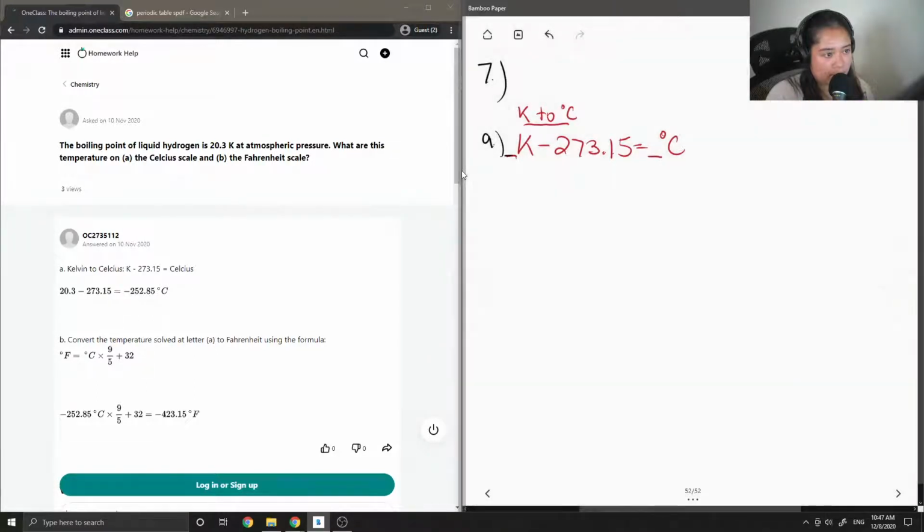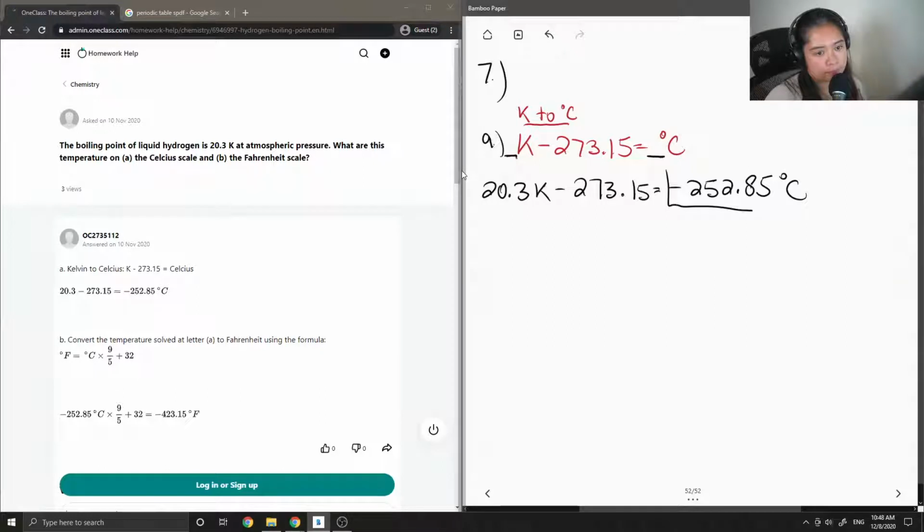This underscore just shows where you plug a value in. And then let's do it for our question. So 20.3 Kelvin minus 273.15 gives us a value of negative 252.85 degrees Celsius. Okay, so that's A.